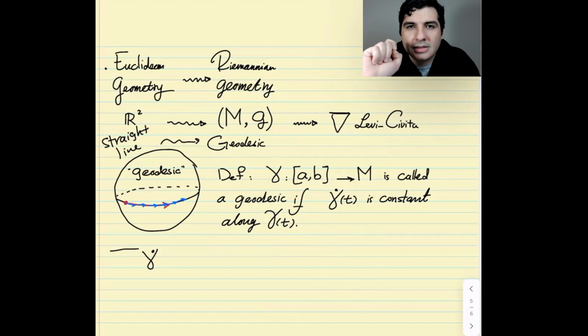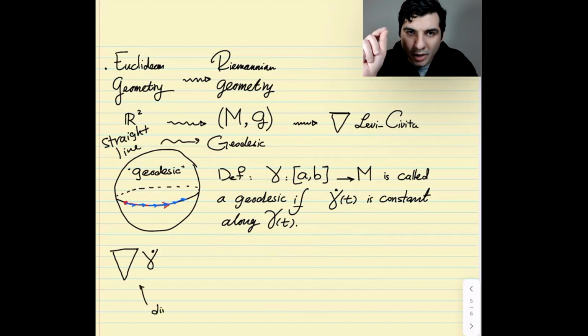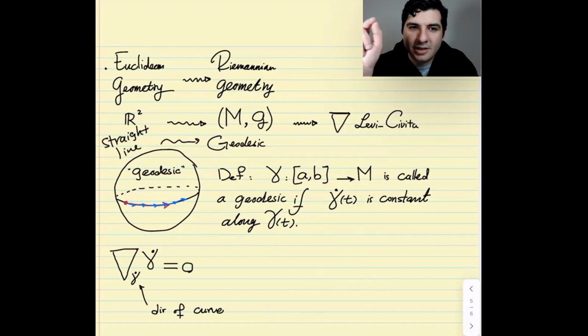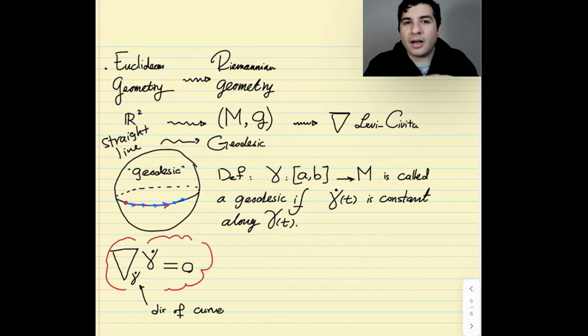So saying gamma dot is constant along the curve means the change of gamma dot along the curve is zero, where the change is given by the Levi-Civita connection, in the direction of the curve. What is the direction of the curve? Gamma dot itself. So it essentially means the covariant derivative of gamma dot in the direction of gamma dot is zero. I would say gamma is a geodesic if it satisfies this equation. This is called the geodesic equation.